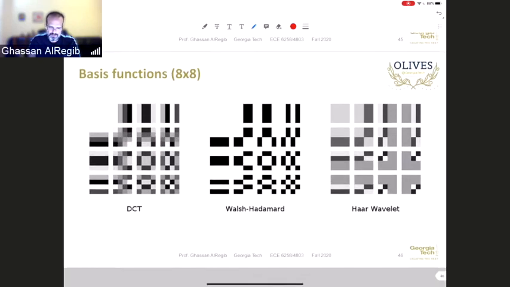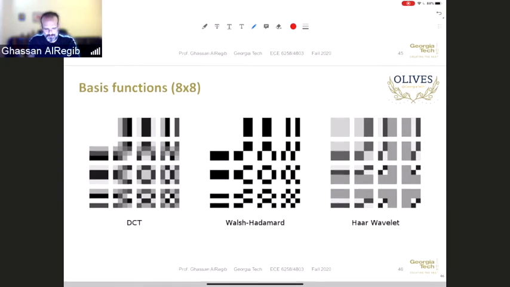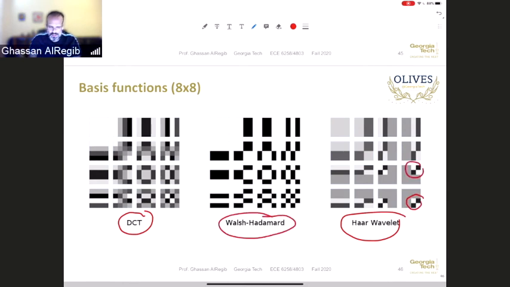This becomes very obvious from here. We have the 8 by 8 basis functions for the DCT, for the Haar wavelet, again localized, and then we have the Walsh-Hadamard, and you can see there is a big resemblance between the Walsh-Hadamard and the DCT basis functions.